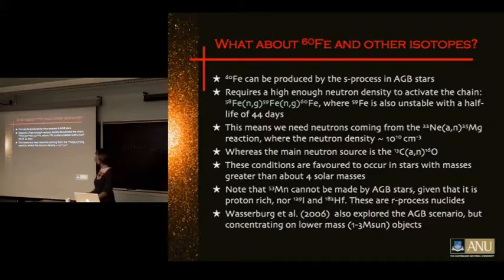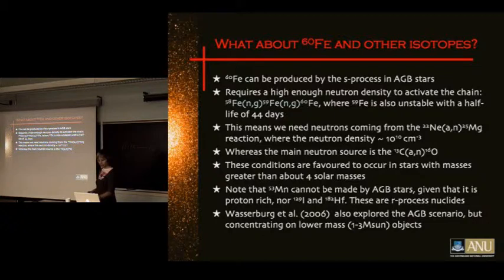So this means you need neutrons coming from the neon-22 alpha N source. This is the main neutron-producing reaction in massive stars, where the neutron density is typically 10 to the 10 per cubic centimetre. This also operates in the helium-burning shell of AGB stars. However, the main neutron source in AGBs, at least in the low-mass AGBs, is the C13 alpha N reaction.